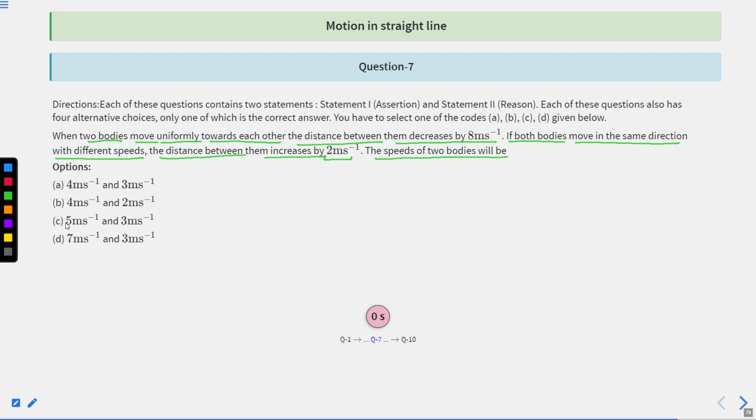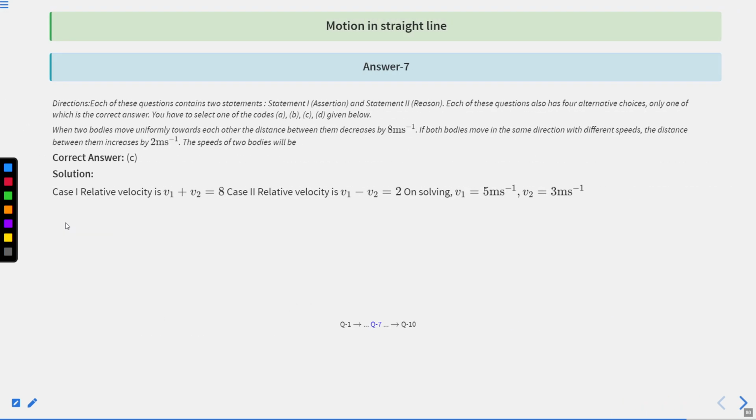Let's find the solution. Case first, the relative velocity is v1 plus v2, which is equal to 8. Case 2, relative velocity is v1 minus v2, which is equal to 2.